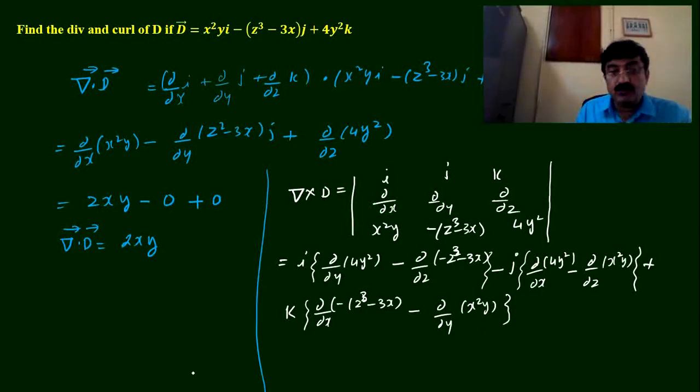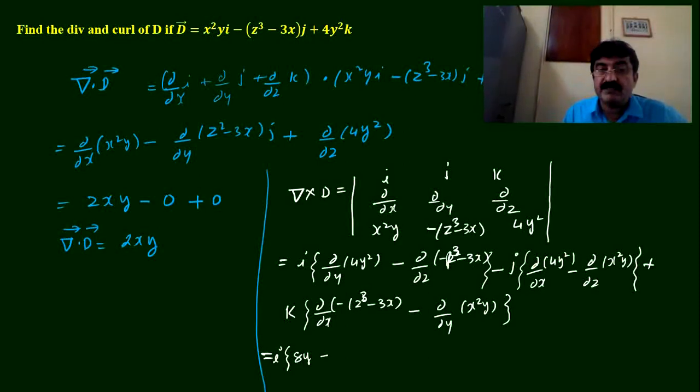Now you have to simplify. That is equal to i into first term. Differentiation of 4y² is nothing but 8y, minus of (minus z³ minus 3x). Actually I have to put one more bracket here.